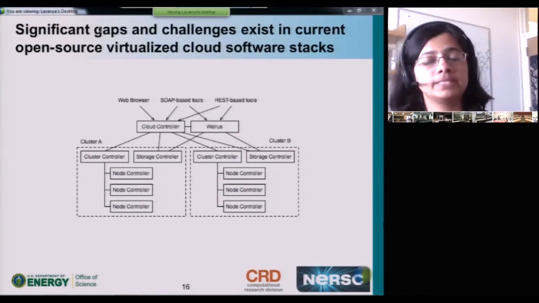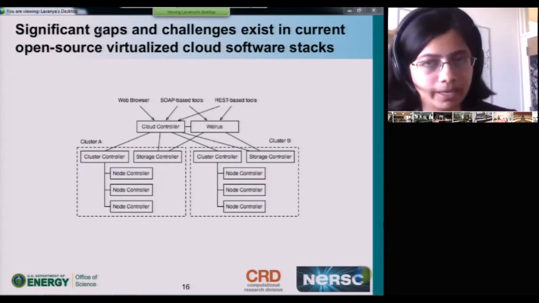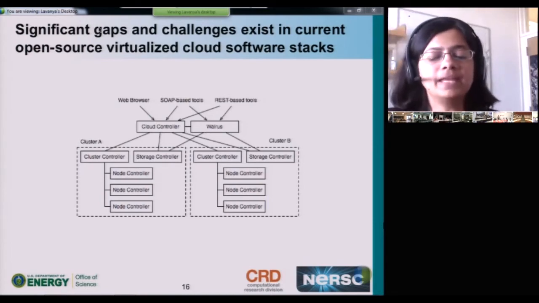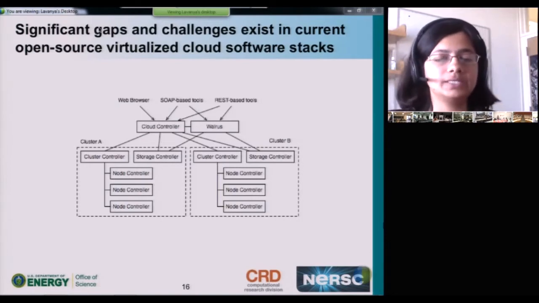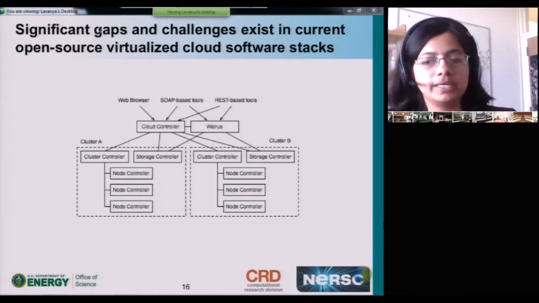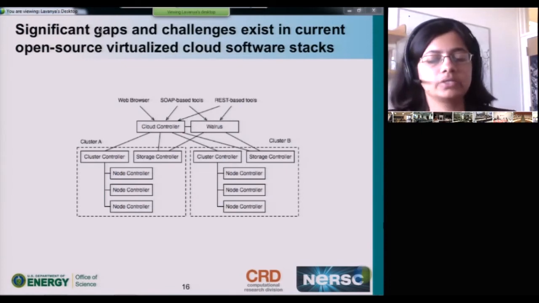So when we were doing the performance study, we had to do a bunch of hacks into Eucalyptus scripts, to make sure those got transmitted back into the VMs. And some of the software sort of controls your cluster, so it doesn't work very well when you have other competing services on a cluster, including we had our own DHCP server. So all those kinds of problems were definitely an issue.